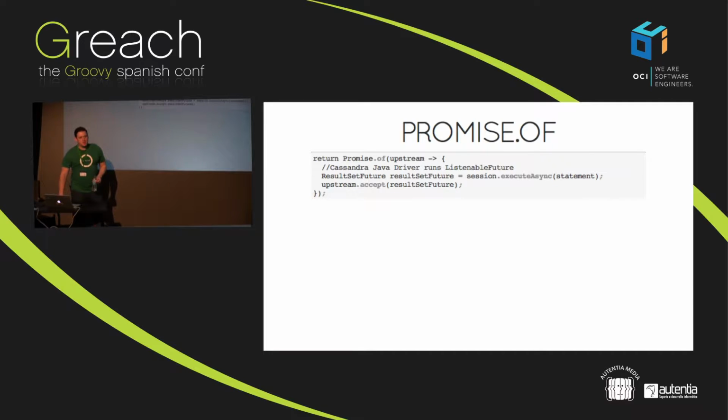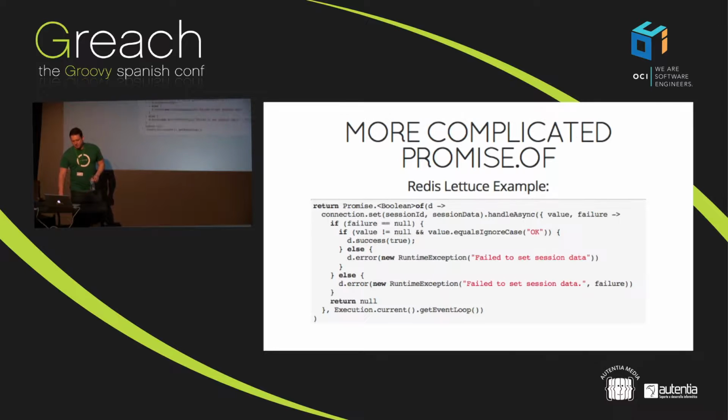Now, unfortunately, not everyone does things the way you may like, so here's a much more complicated way to adapt a library. This is a Redis library called Lettuce, and the problem that I had with this particular implementation is that their async handler would always complete, and then have a status of failed or success.